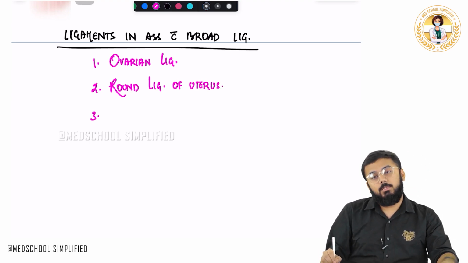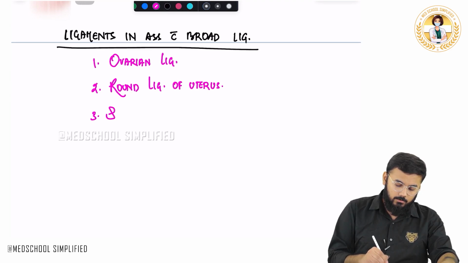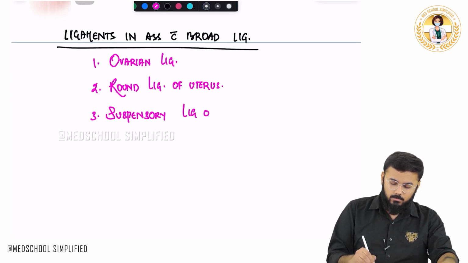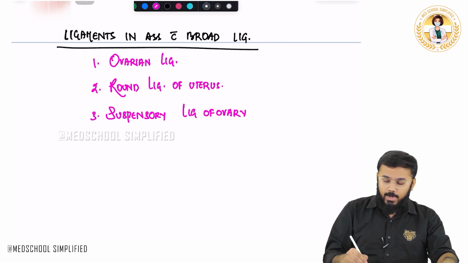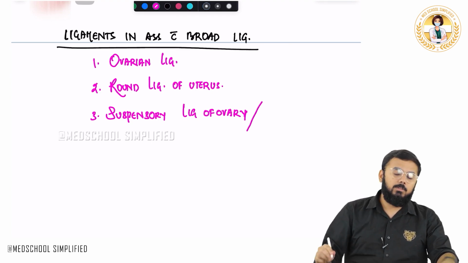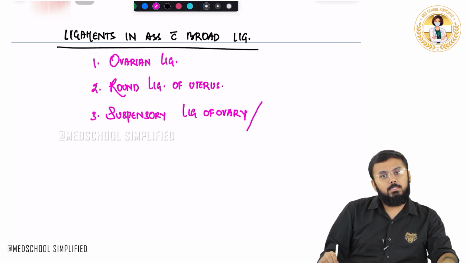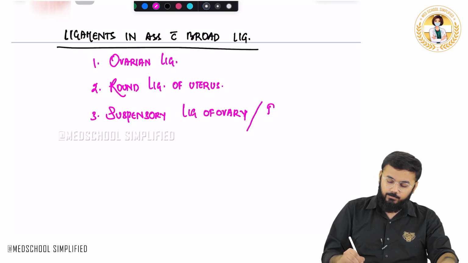The third important thing is the suspensory ligament of the ovary. And remember one thing, the other name given for the suspensory ligament of the ovary is the infundibulopelvic ligament.